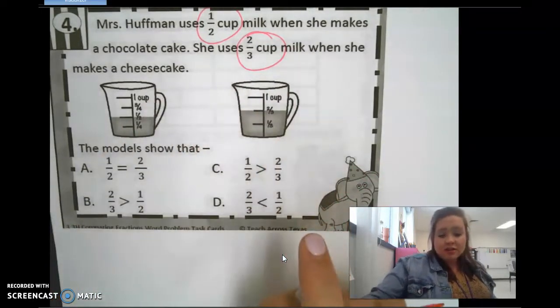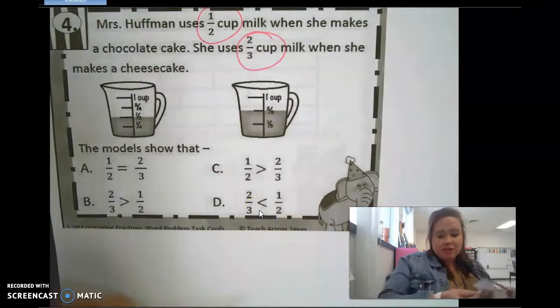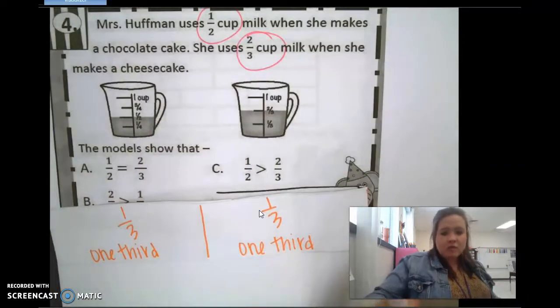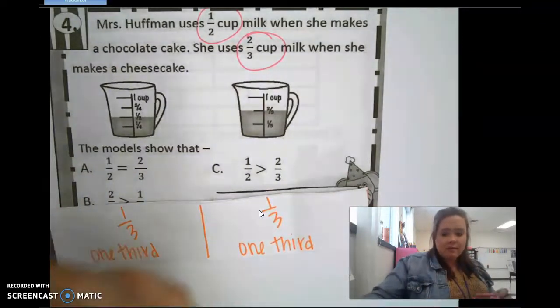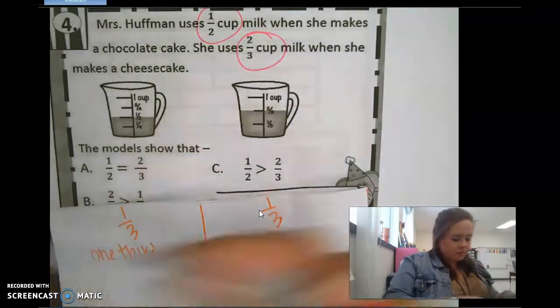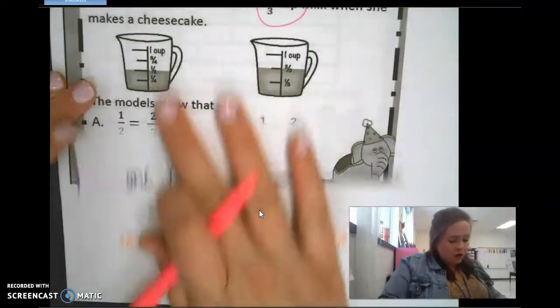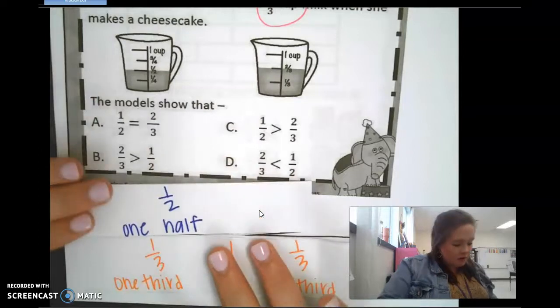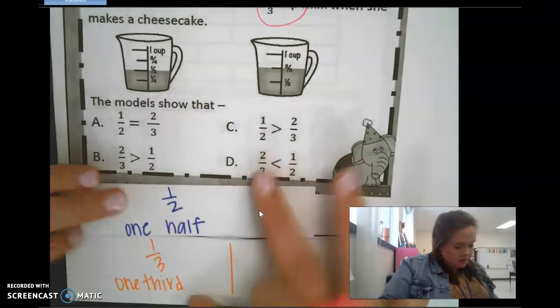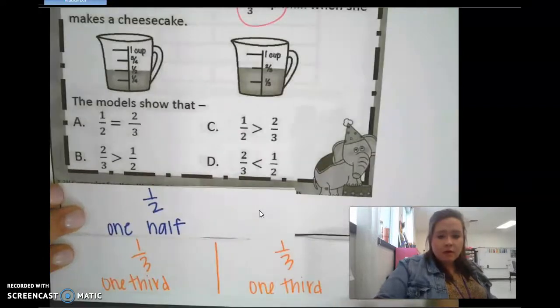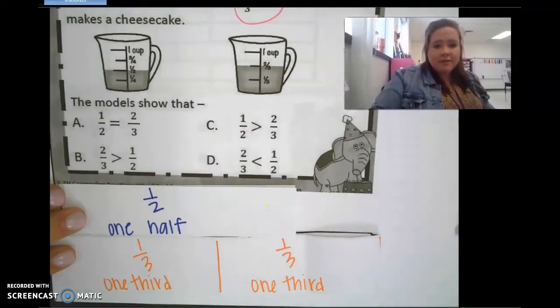What I'm going to do is get out my fraction strips of 2/3 and 1/2. Okay, so I have my fraction strips to model 2/3 and 1/2, all right? There you go, you guys can see that just fine.